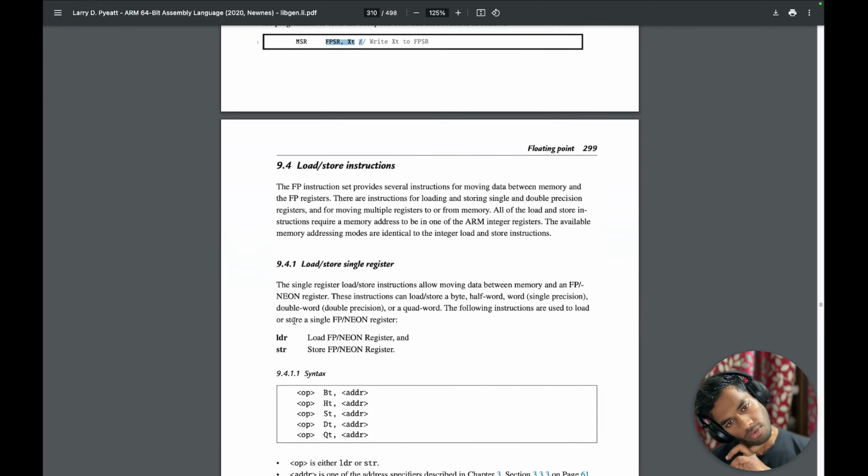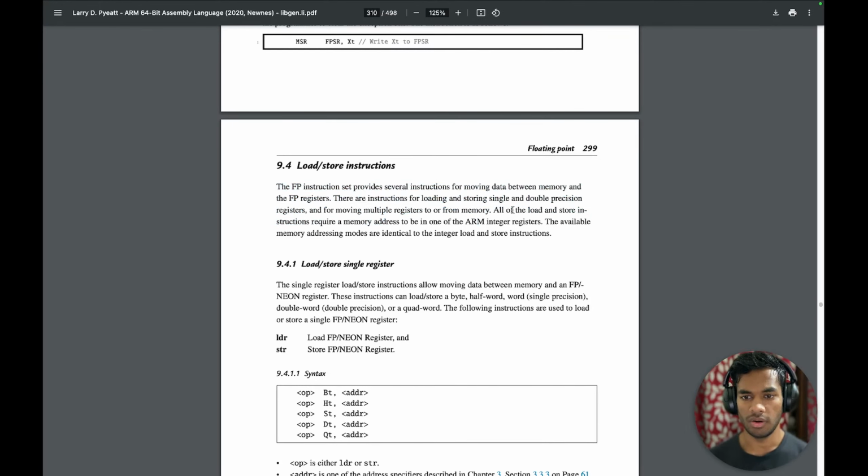Load store. Let's go there. The FP instruction set provides several instructions for moving data between memory and FP registers. There are instructions for loading and storing single and double precision registers, and for moving multiple registers to or from memory.